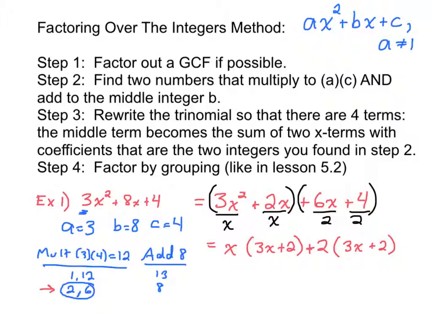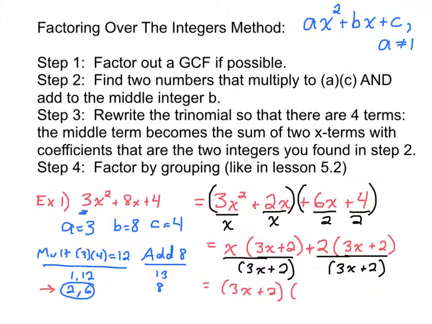This is good. What's in our brackets is the same, so we're going to divide that out as a common factor. 3x plus 2 is a common factor of this new polynomial that we have. And our final answer will be that common factor, 3x plus 2, and whatever's left over after we divided it out, so x and plus 2.